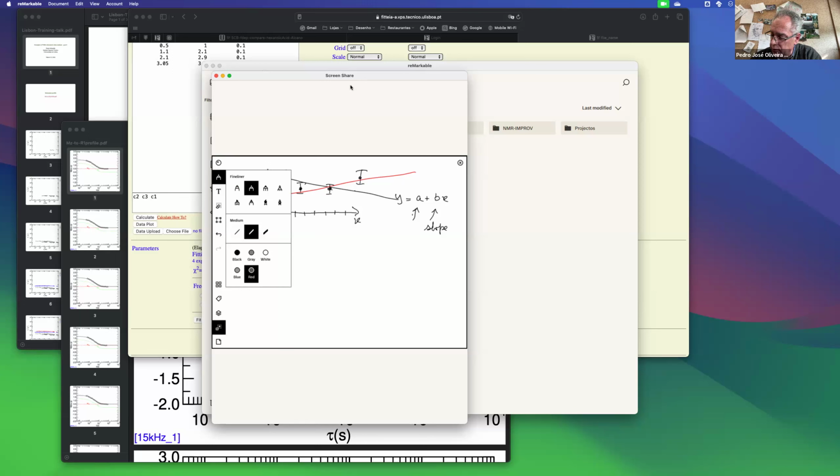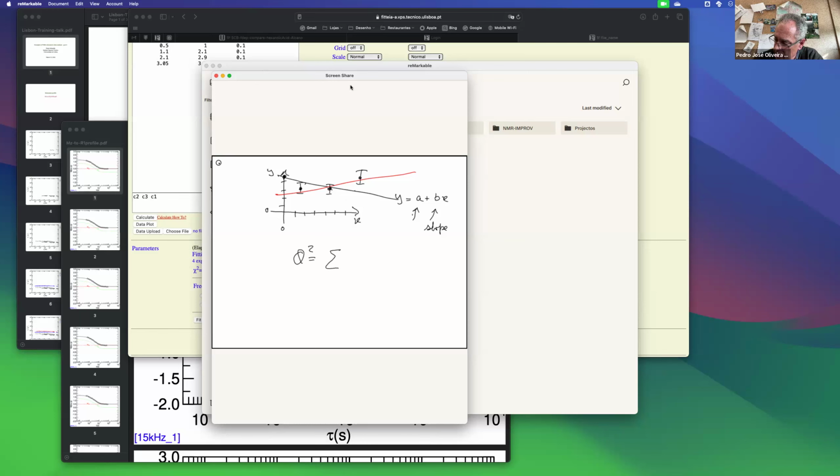So one way to do that numerically is by minimizing the sum of the differences of the squares. What does it mean? It means basically calculating a sum which calculates the difference between the experimental value for a point with order i minus the value of the theoretical curve for the same position.